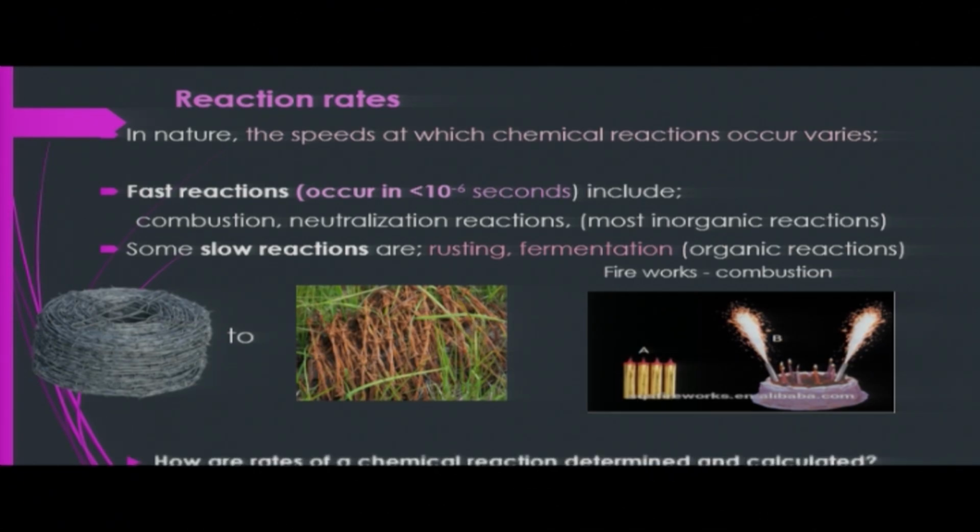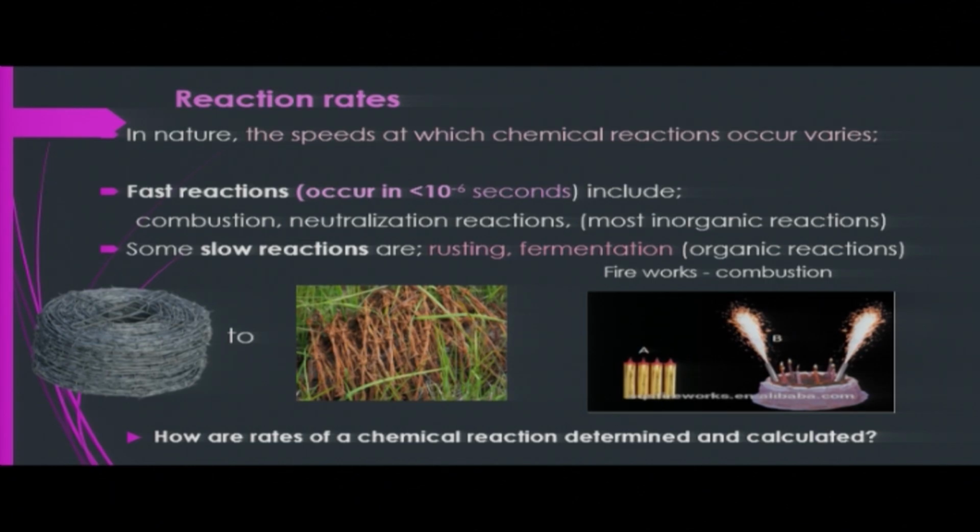So the question we have is, how can we quantitatively determine rates of reaction for different reactions? Is it possible to determine the rate of a reaction, for instance, the rate at which rusting occurs? Yes, it is possible.